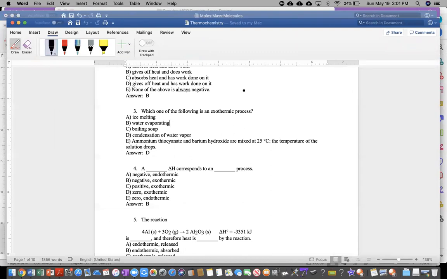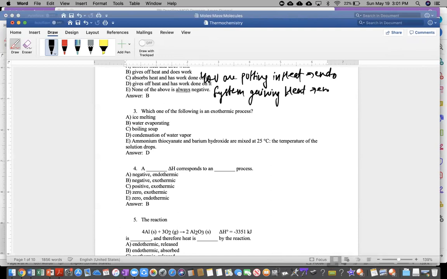Always remember, when you're putting in heat, that's endo. Or you can think the other way: the system getting heat, that's also endo.